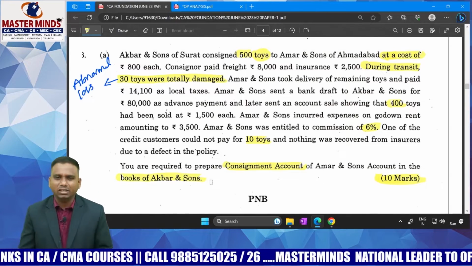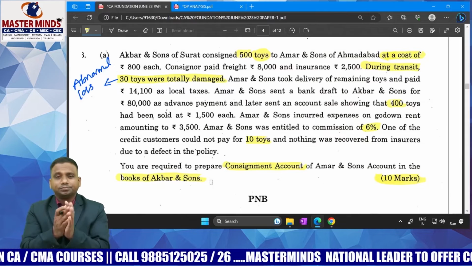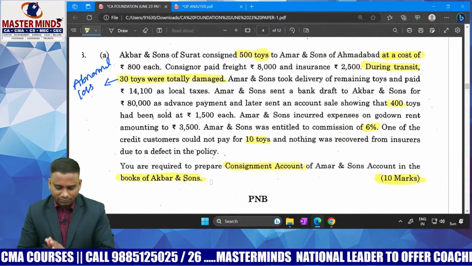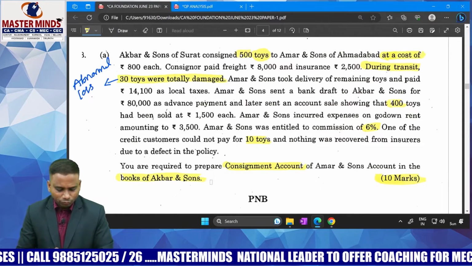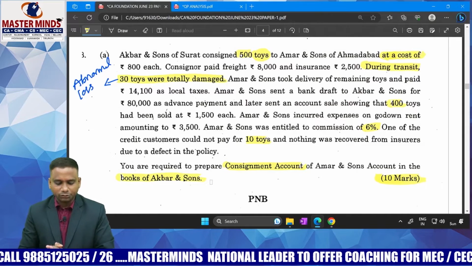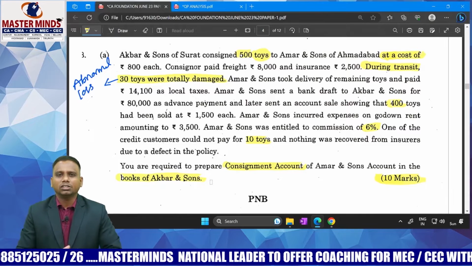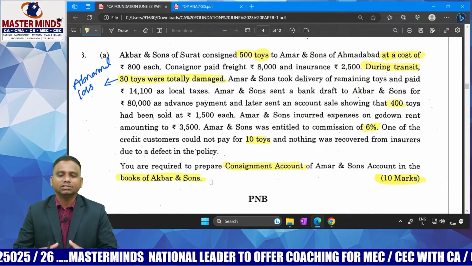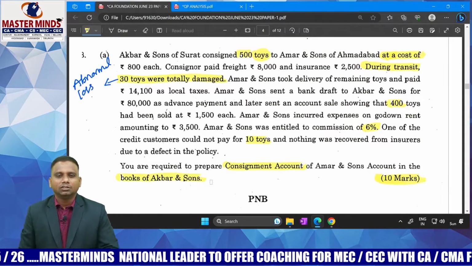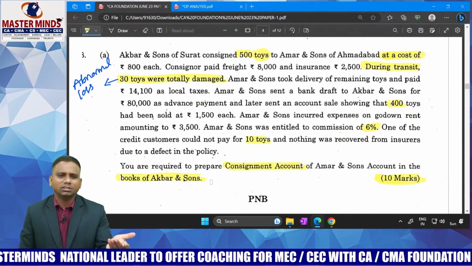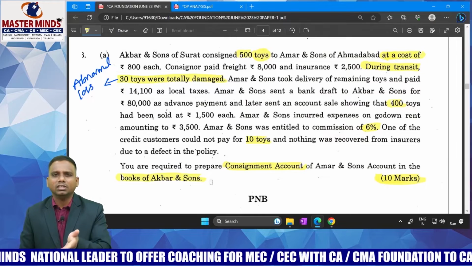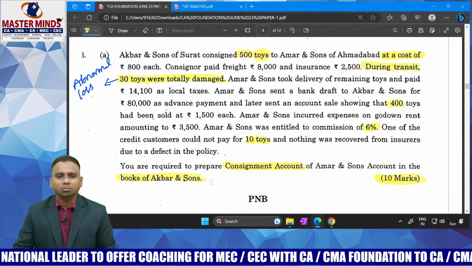Okay, fine, only the consignment account. Here we have bad debts. How much? On 10 toys, 10 toys into 1,500 rupees each, that means 15,000. Now here the question comes: who bears these bad debts? Check whether del credere commission is paid or not. If del credere commission is not paid, then obviously the consignor bears bad debts.